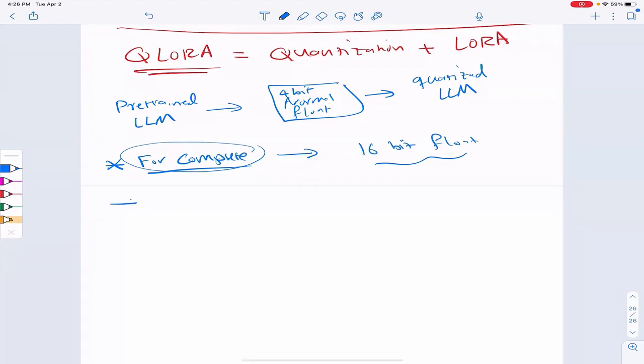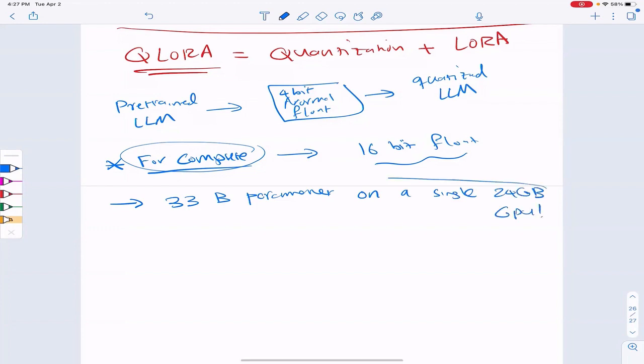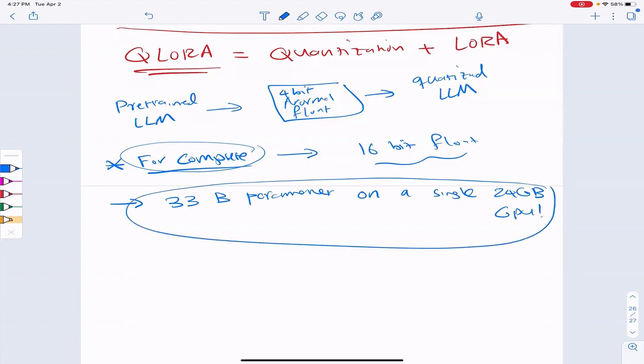In fact, with QLoRA, you can have a 33 billion parameter model fine-tuned on a single 24 gig GPU, which is quite impressive, right? So it's a huge model. You can use a GPU that is not even super high memory, and you can fine-tune on it.